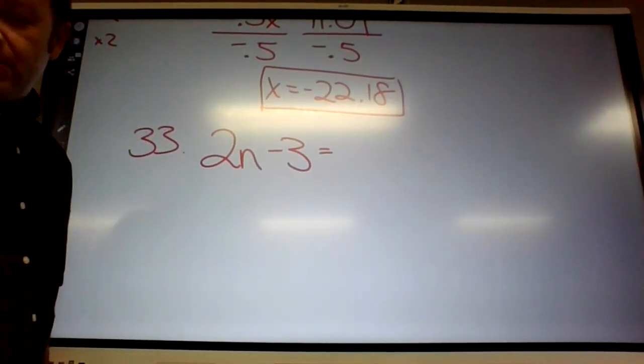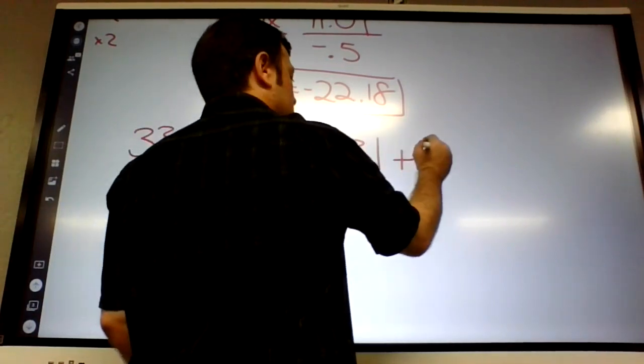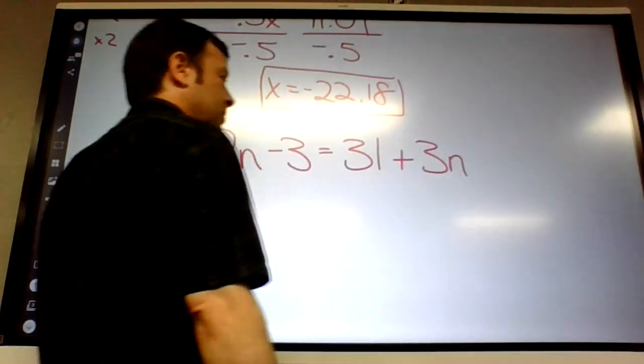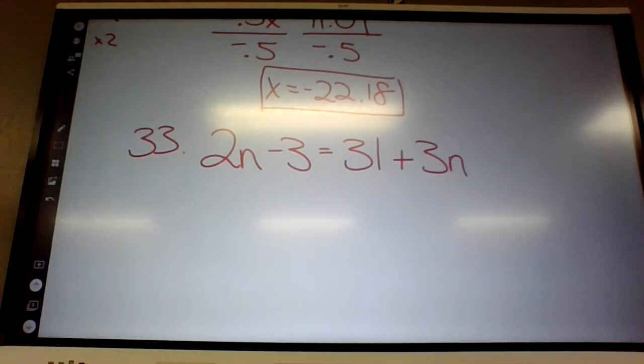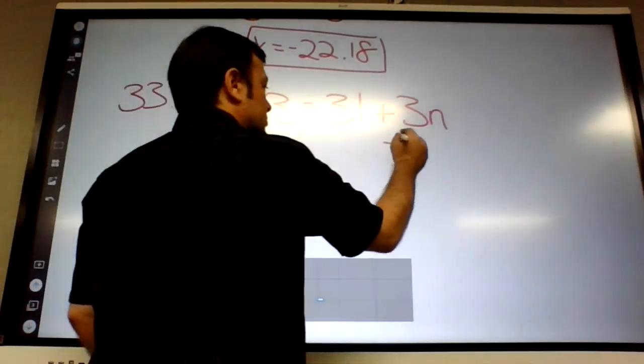31 plus 3n. Right. 3 times the number. So it looks like one of the other problems now with n's on both sides. So Moses, what should I do here? So you subtract 3n from that side, from both sides.